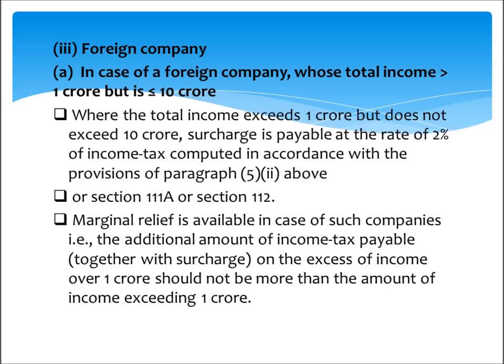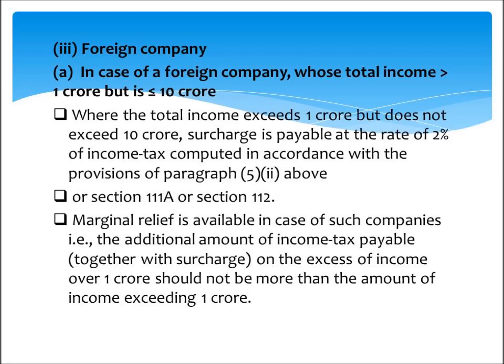What is the case in case of foreign company? Where the total income exceeds 1 crore but does not exceed 10 crores, surcharge is payable at the rate of 2% of income tax. So, the rate of surcharge is slightly lesser in case of foreign companies. In case of domestic companies, it was 5%, and now in case of foreign companies, it is 2% of the income tax payable.